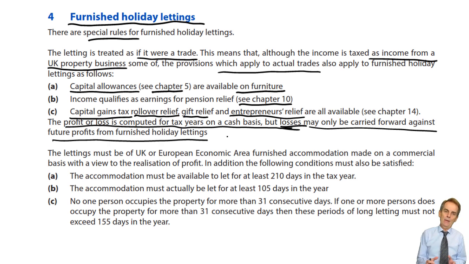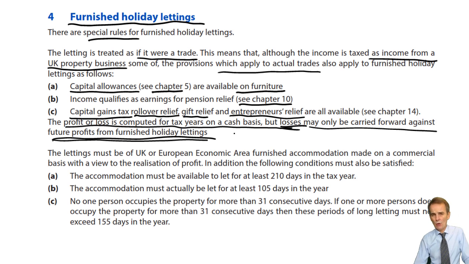So we've got to keep this bit separate from the other property income, because if there is a loss made in relation to your furnished holiday letting, you can't offset that against profits made on other normal lettings. So what we do with it is to carry it forward, and it's got this restricted use, only against future profits from furnished holiday lets.